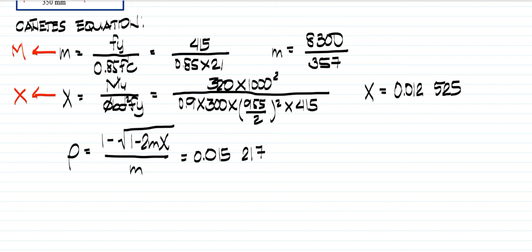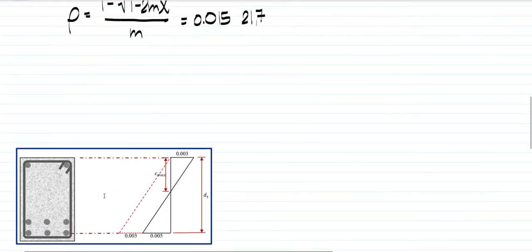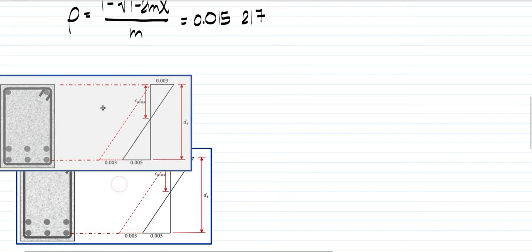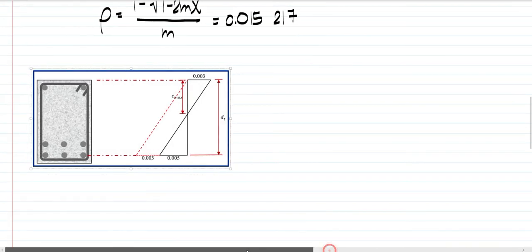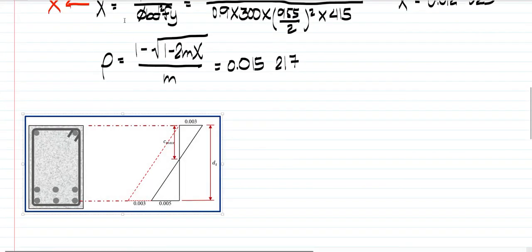So now after getting our steel ratio, syempre kunin natin yung maximum steel ratio. So for our maximum steel ratio, syempre kakailanganin natin itong diagram na to. So kunin natin siya. So we have to check rho max.